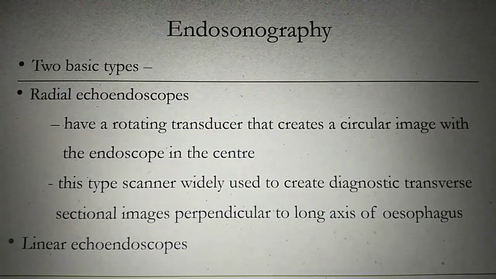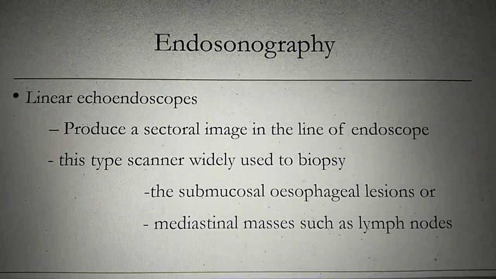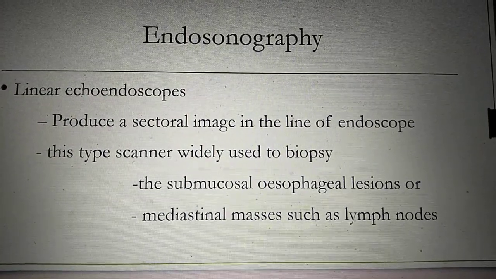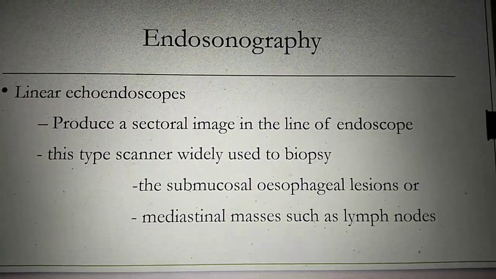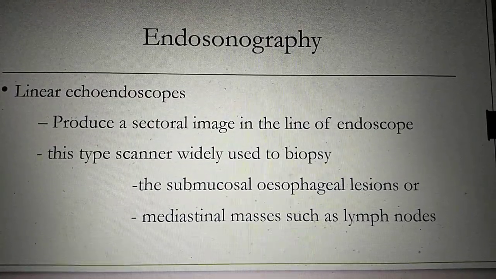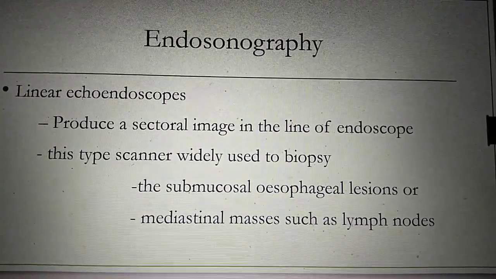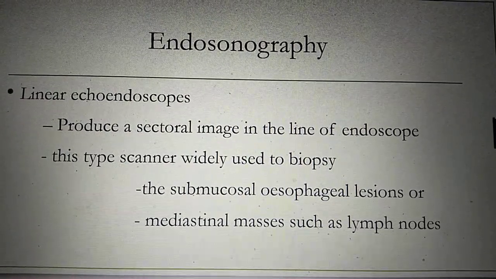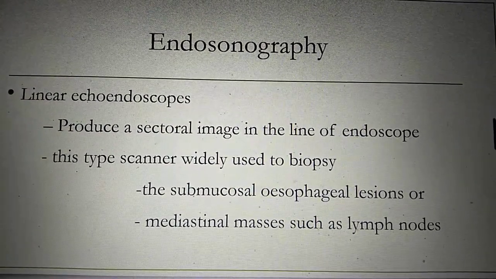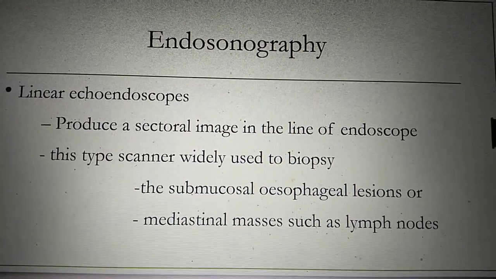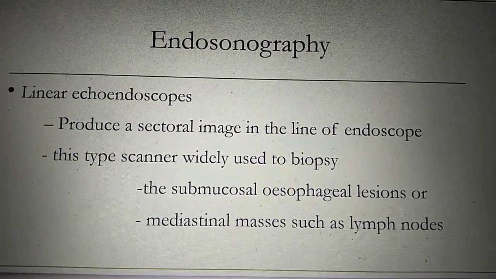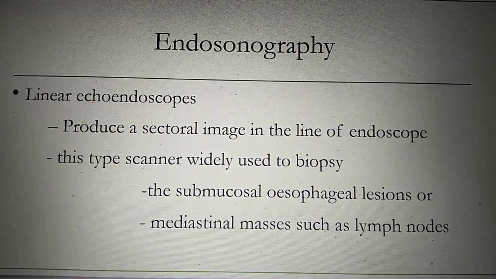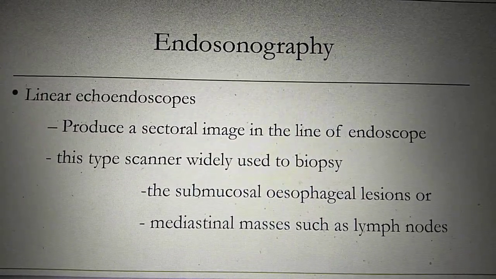The second one is linear echo endoscope. This linear echo endoscope produces a sectoral image in the line of the endoscope. The difference is that the radial is at right angle to the long axis of the esophagus, and this linear is along the long axis of the esophagus, that is, in the line of the endoscope.